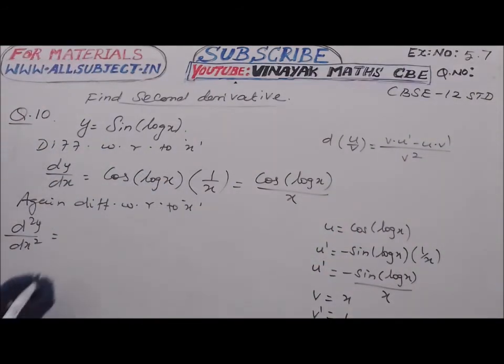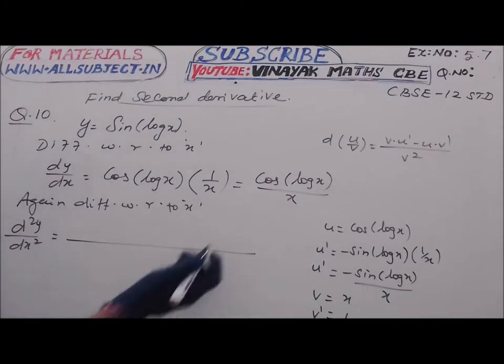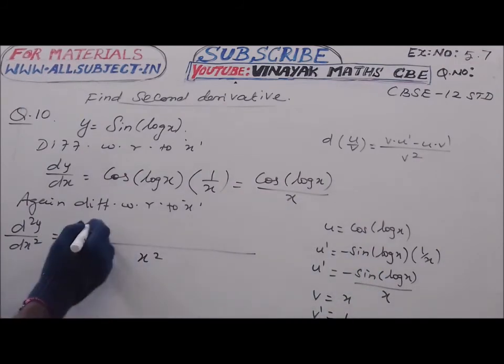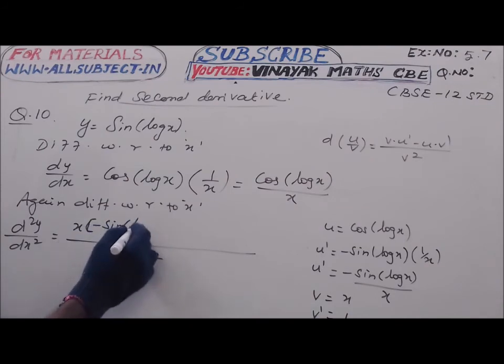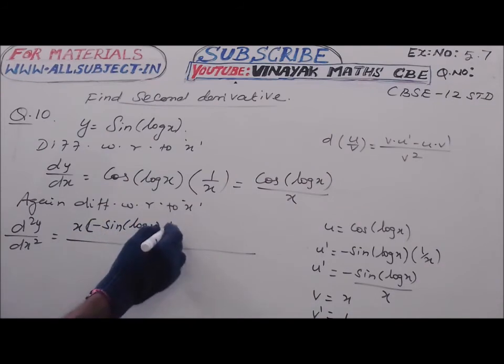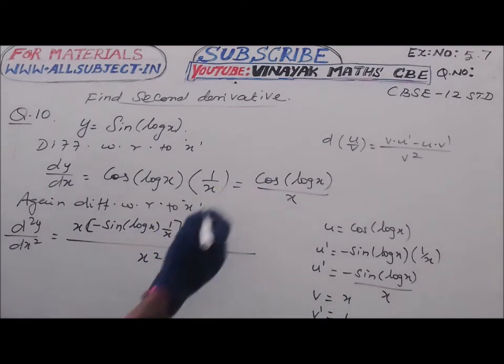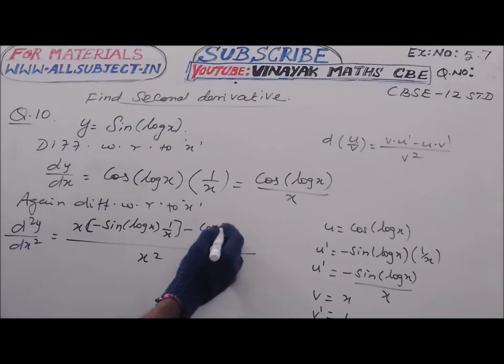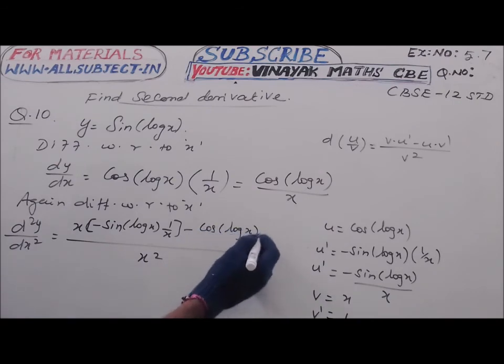Substitute here v square is x square. v into u dash, v is x, u dash is minus sin of log x into 1 by x, minus u into v dash, cos of log x into 1.